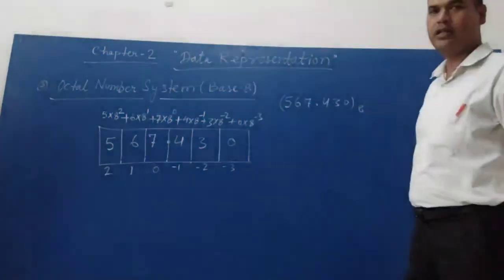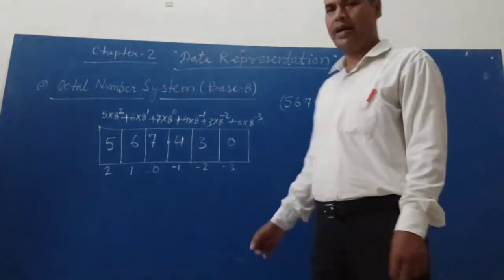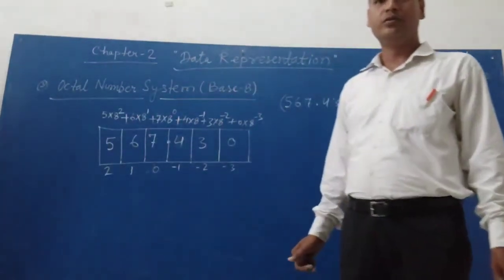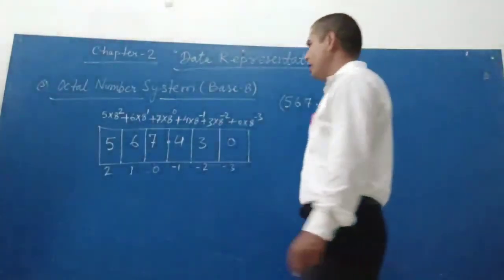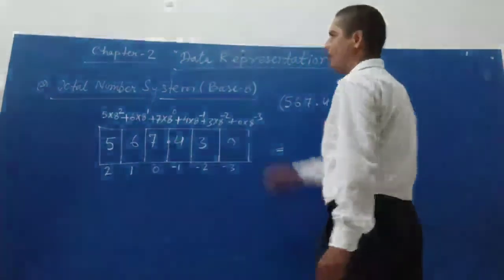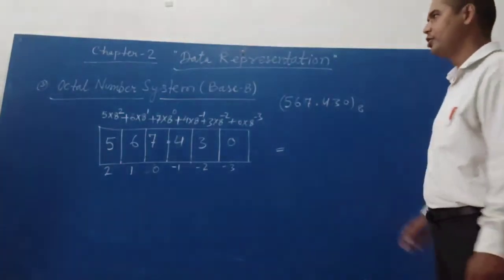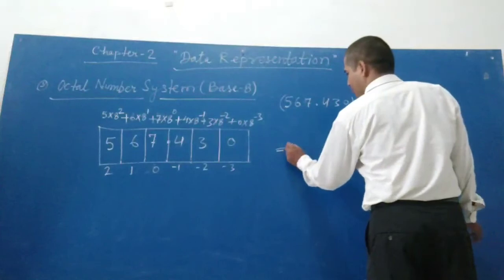Now we can calculate this number and find the value. 5 into 8 to the power 2: 8 to the power 2 means 8 into 8, and 8 8s are 64.